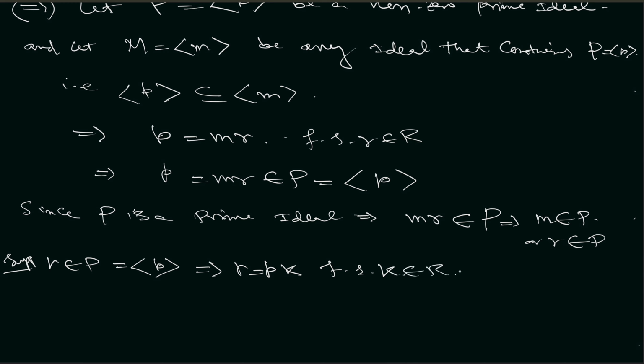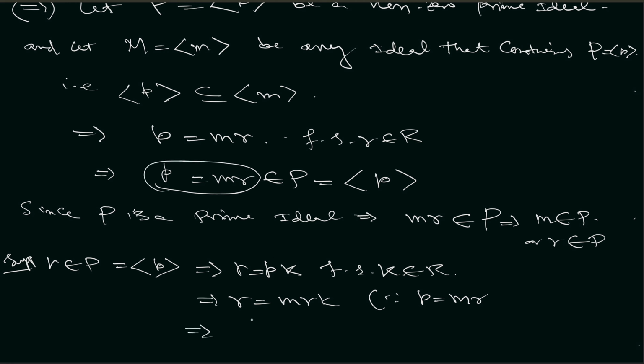Also you will have p equal to mr, then r equals mrk, since p equals mr from here. Okay, now what you can say, this will not work, I guess.